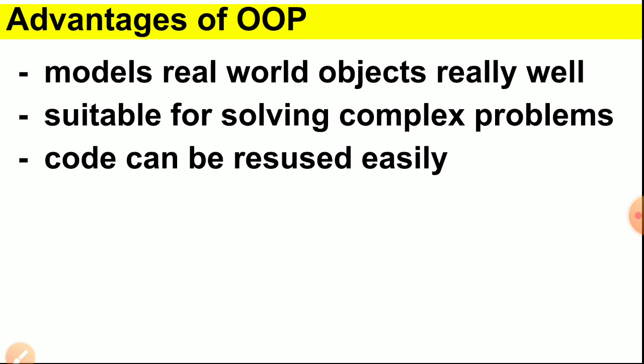Because in POP you can reuse your existing code only when your program size is small. But as it gets larger, it will be difficult for you to reuse your existing code. The reason being, for example, let's say you've got thousands of functions in your program.